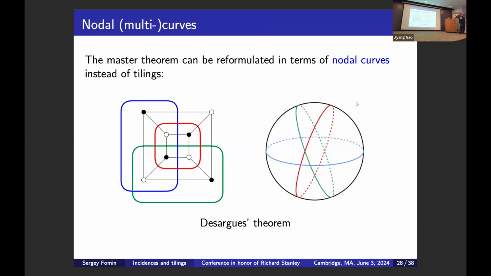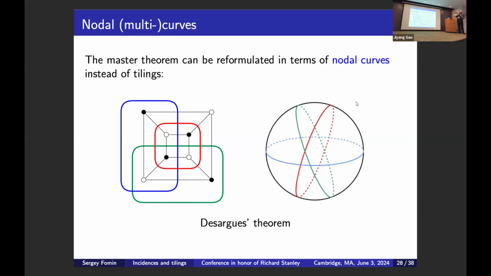Okay, so now let's talk a little bit about what other mathematics this is connected to. First of all, we notice that these quadrilateral tilings are dual to nodal multi-curves on the surface, because we can just take each tile and connect the midpoints of opposite sides of that quadrilateral to each other, and continue these curves across neighboring tiles, and this will eventually close into a collection of curves.